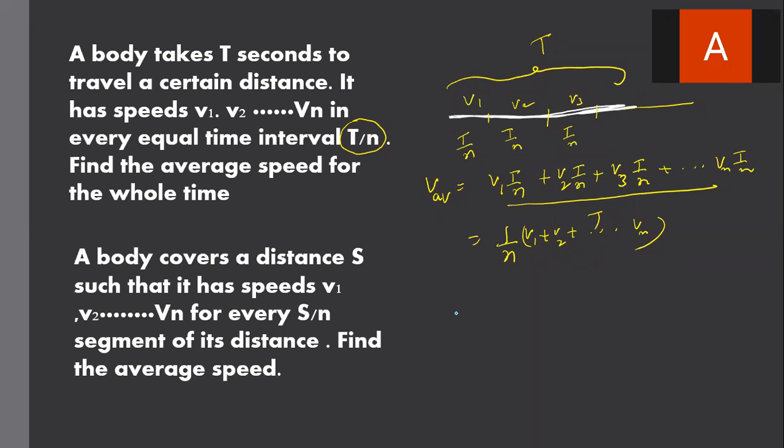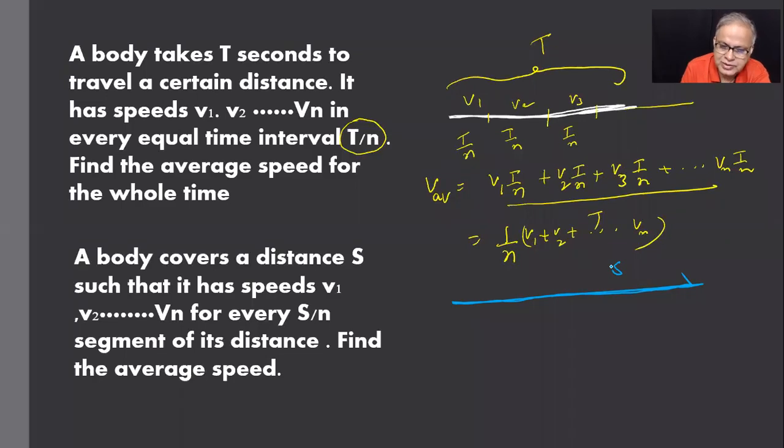So time is equal to distance by speed. By using time equals distance by speed, we wanted average speed, right? So a body covers a distance S, total S like this. Sir, is the answer n by v1 plus v2 up till vn? Let us see.